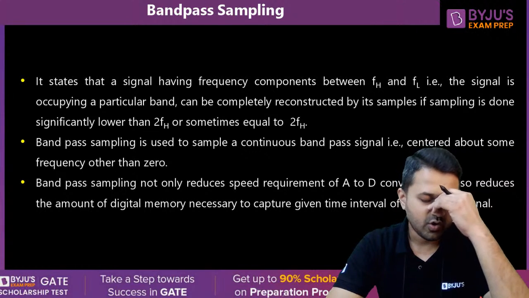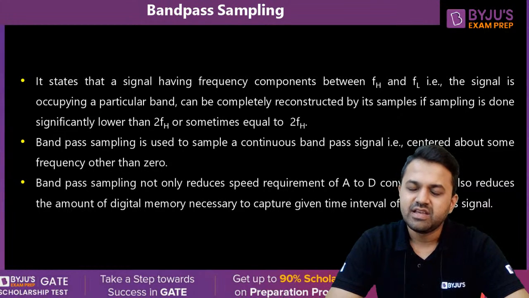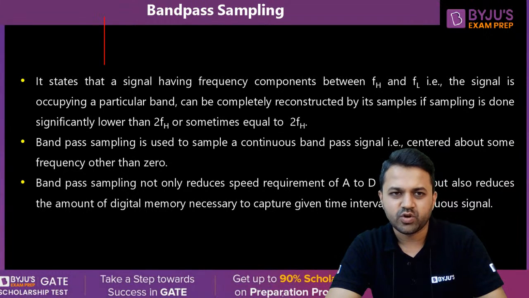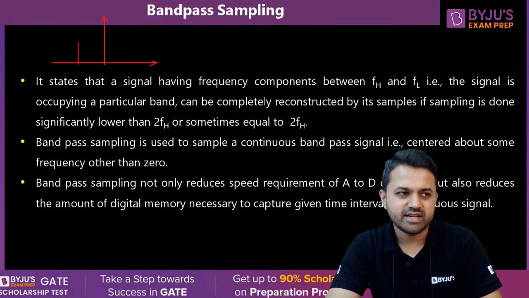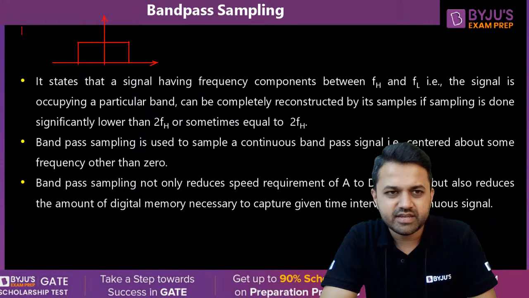See, in low pass sampling, you know that if there is a low pass signal, then we can recover the signal from its samples if we take the samples at the rate of fs greater than or equal to 2fm, right? Which kind of signal do you call a low pass signal? This type of signal we call a low pass signal.